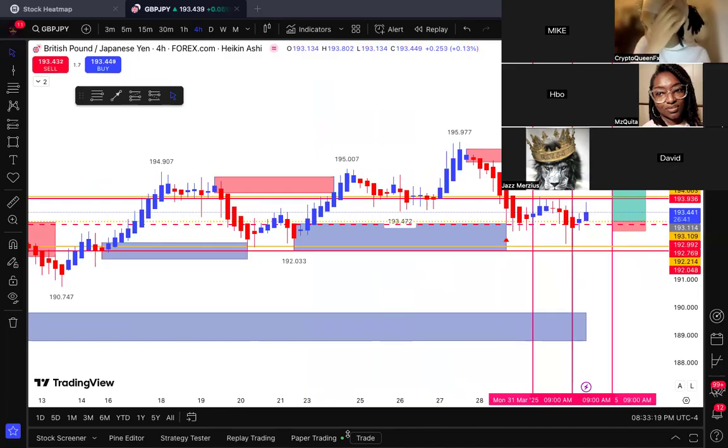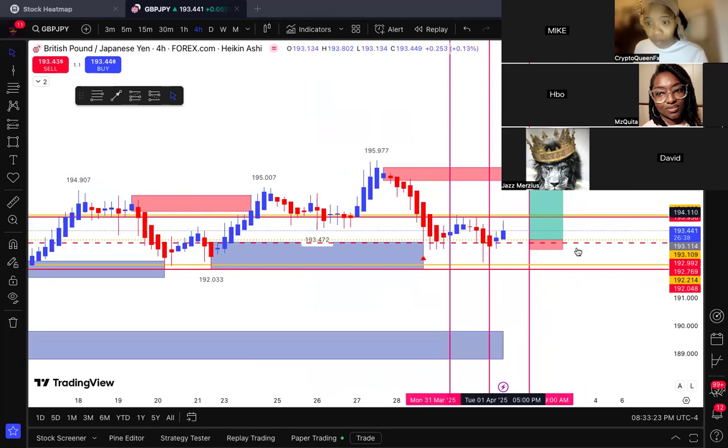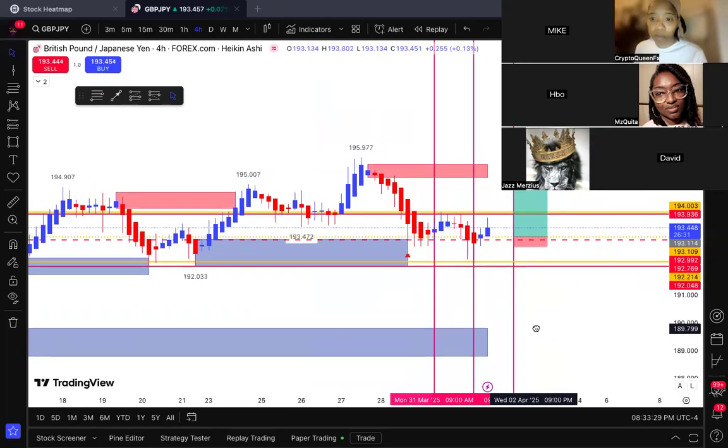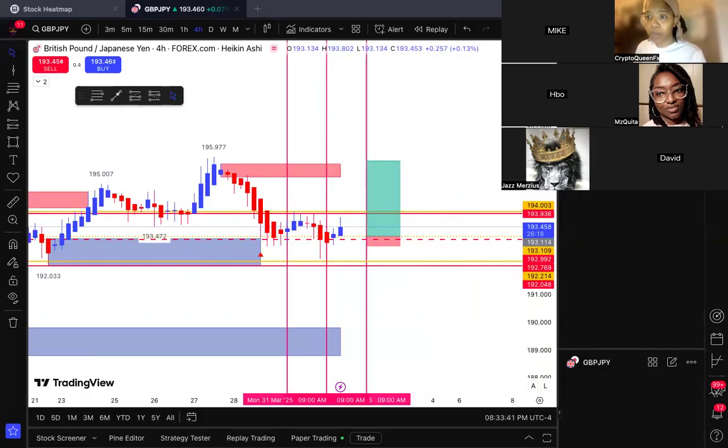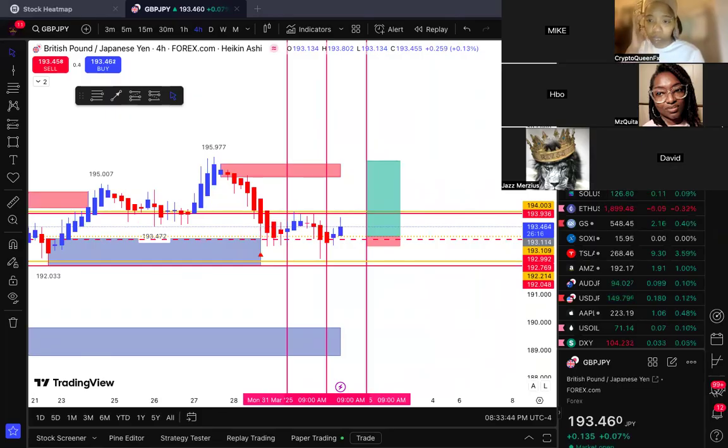I would get in and hold it because it already broke above this structure here for GJ. But set your alert. If you're not up, set your alert for around 9 a.m. Any other one y'all want me to look at?